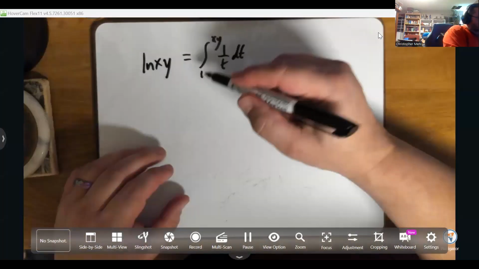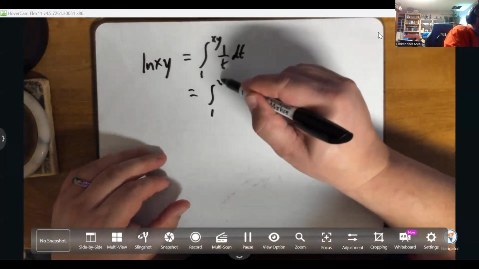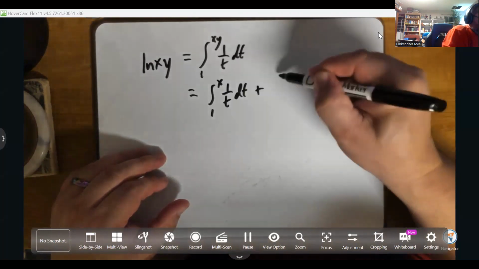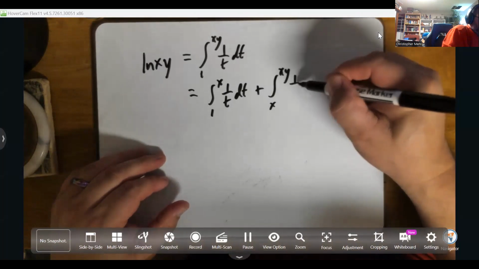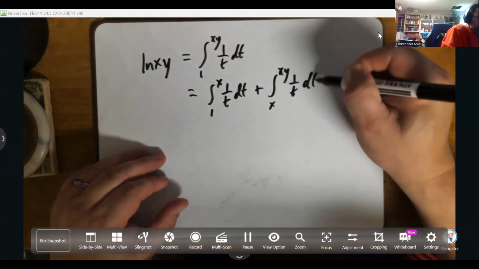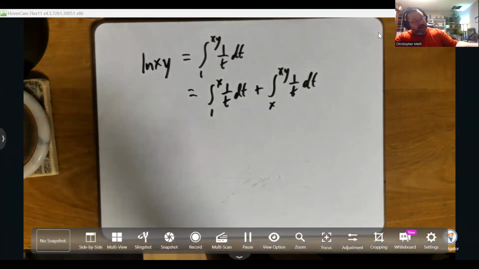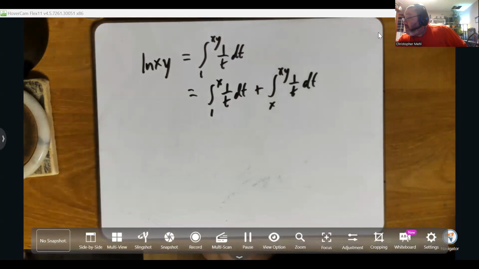Now we can use the additive property of integrals, then write that as the integral from 1 to x of 1 over t dt plus the integral from x to xy of 1 over t dt. Okay, that's just the additive property. We're just breaking this range of integration into pieces, and then we can do a substitution.